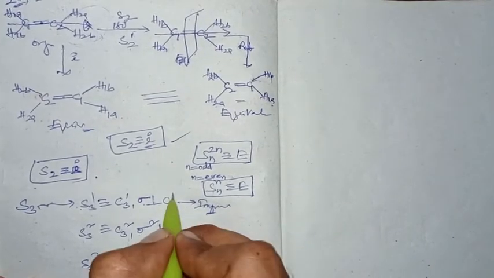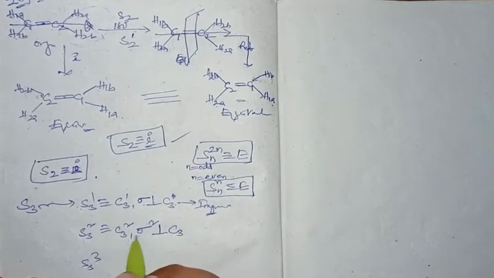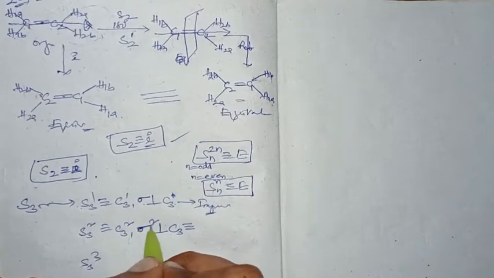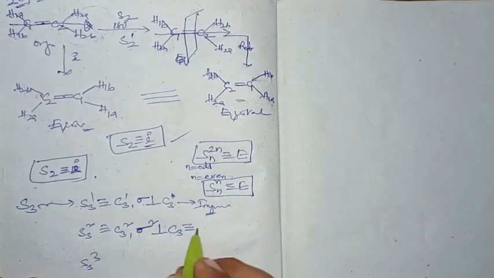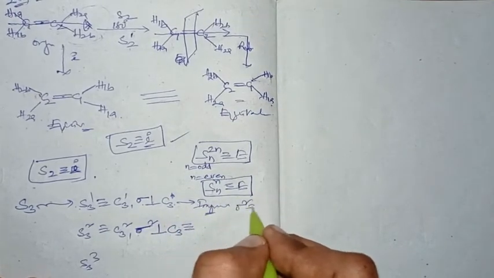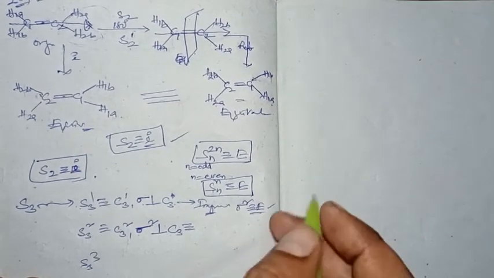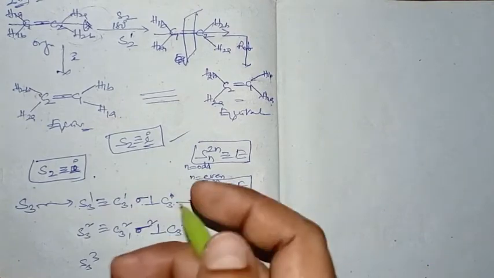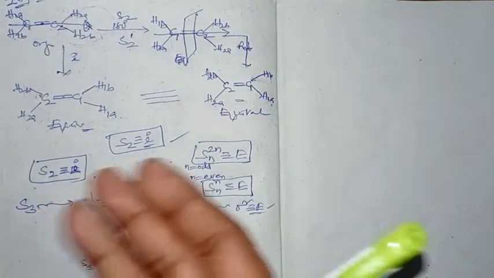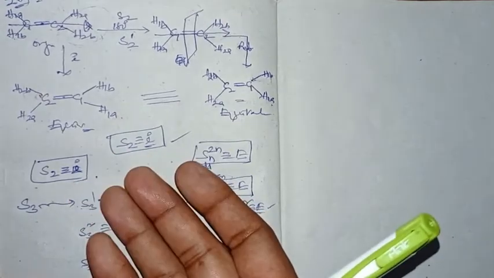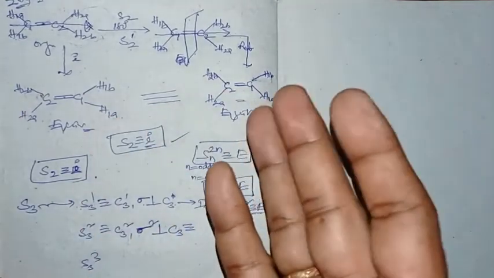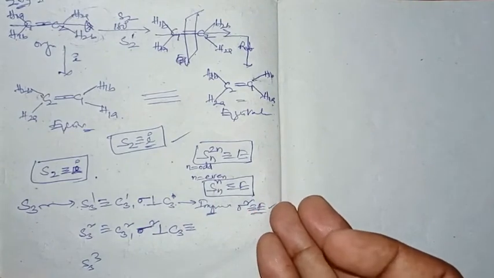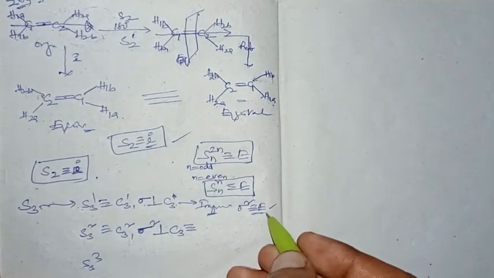This can be summarized as doing reflection two times in the molecule, which is equivalent to the identity.